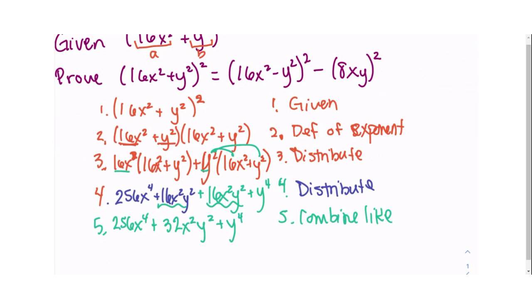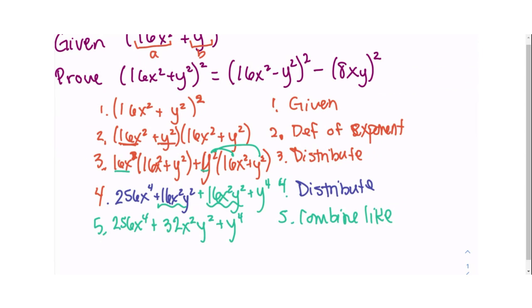And then I am going to do something kind of weird, because our goal is to get something squared added with something squared. So they do a kind of weird substitution.